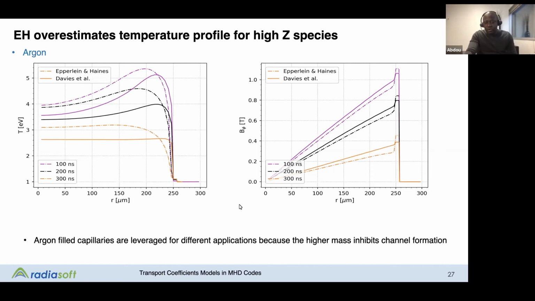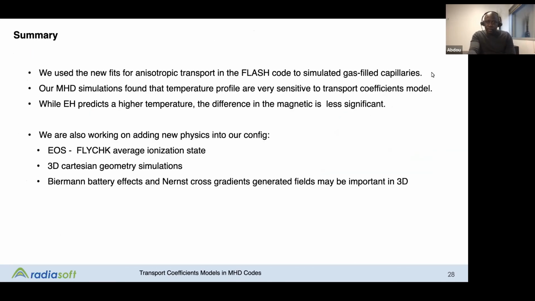We did this for argon because argon capillaries are leveraged for different applications, because the higher mass can inhibit channel formation. I'd like to conclude here. We've used new transport model fits for anisotropic plasma in the Flash code to simulate gas-filled capillaries.